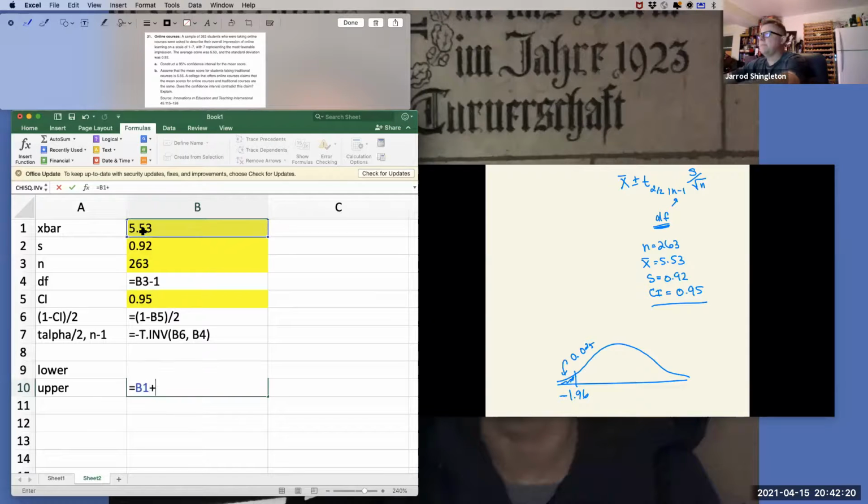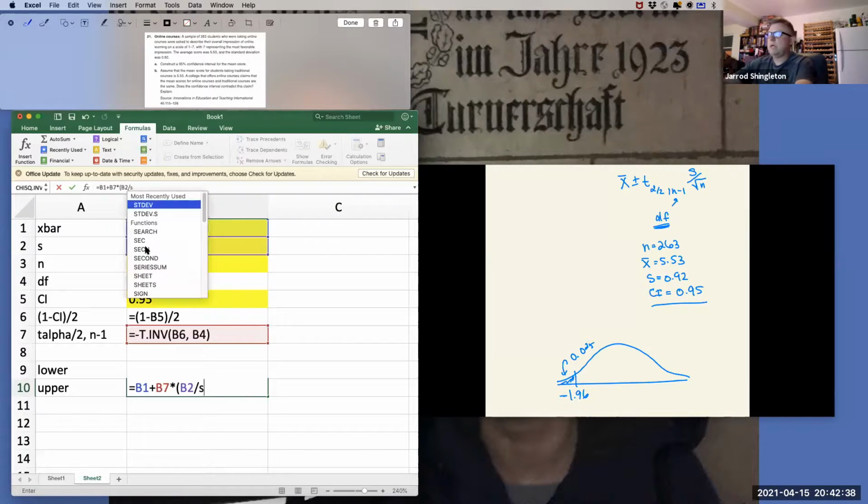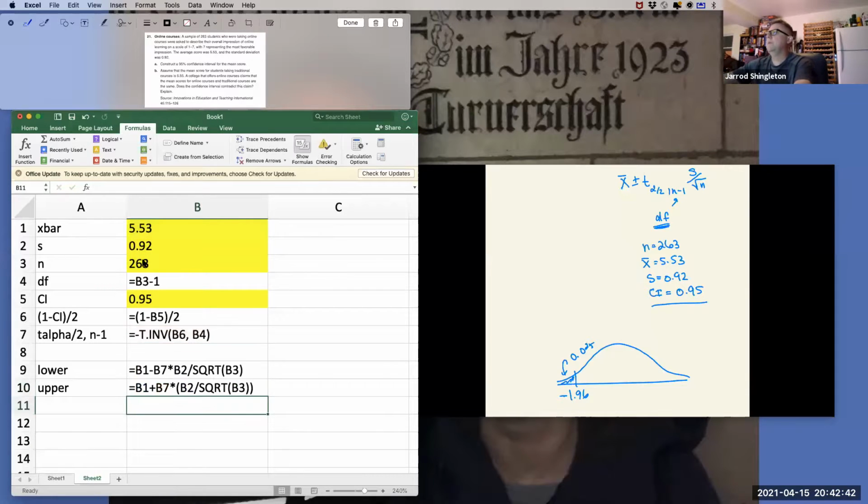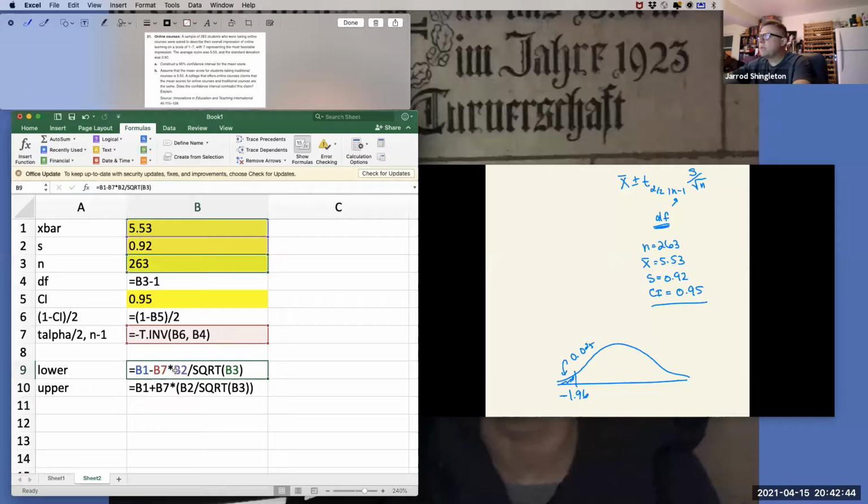Equals x bar plus t alpha over 2, which is right here. If you're really good about designating what each of these things are, it makes it a lot easier to put these formulas together at the end. Times s divided by square root, SQRT, of n. I didn't put parentheses around here. I want to put them there. I want to make sure it does it in that order.